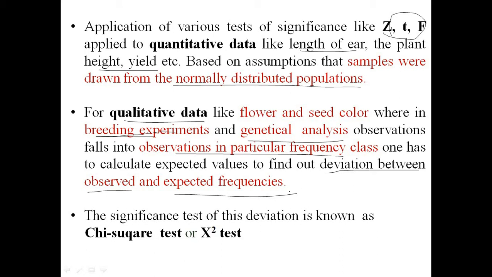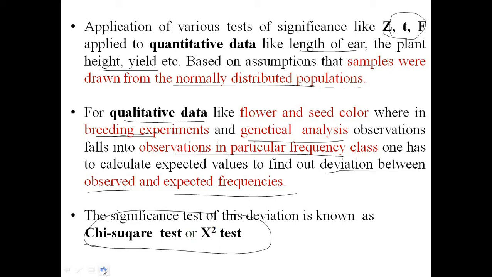But under field conditions, the plants do not show exactly 3:1, they deviate from the expected value, and we find that out with the help of the chi-square test. So this is the explanation of which type of data and which type of test we can use.